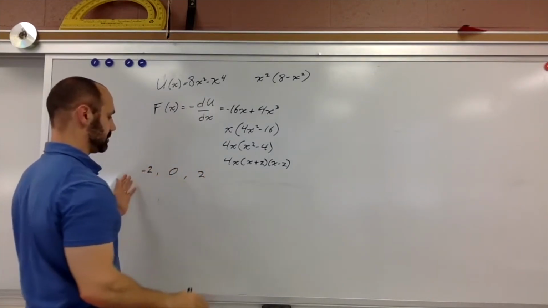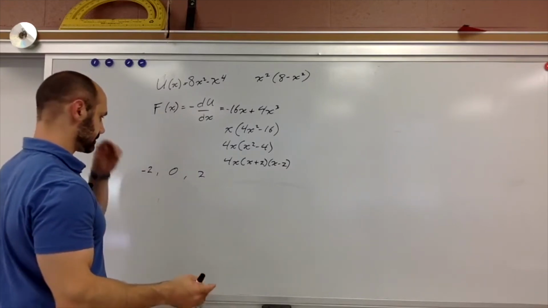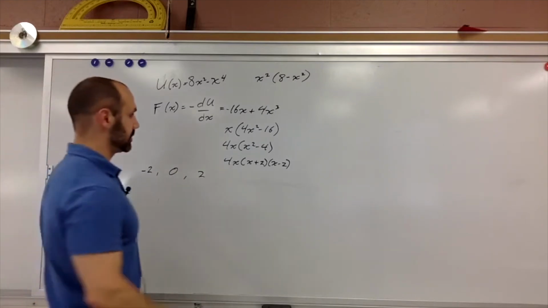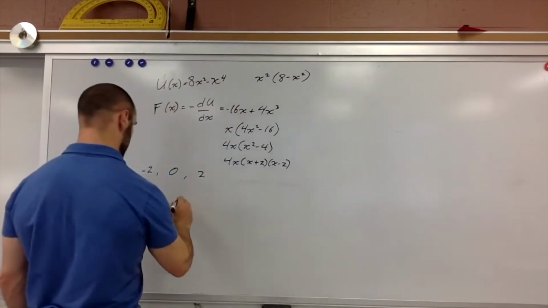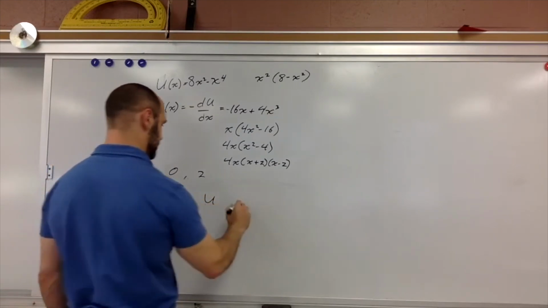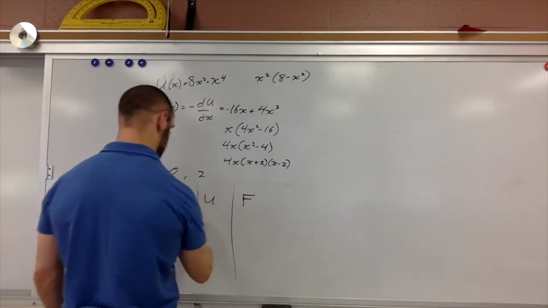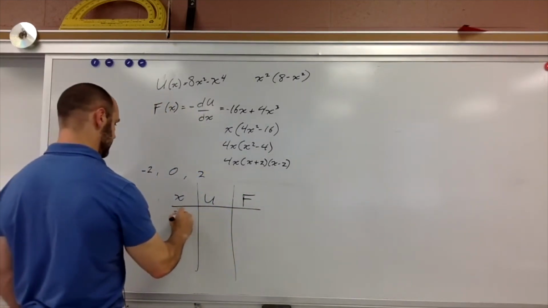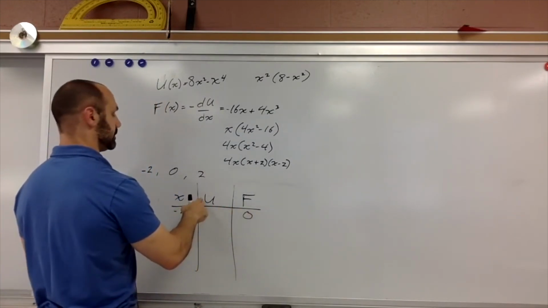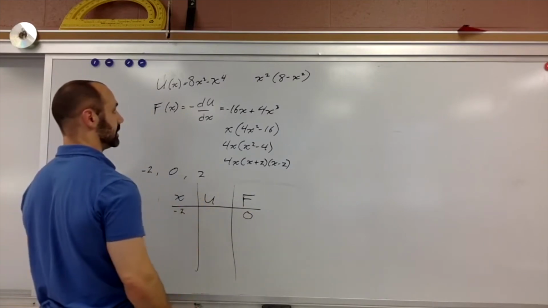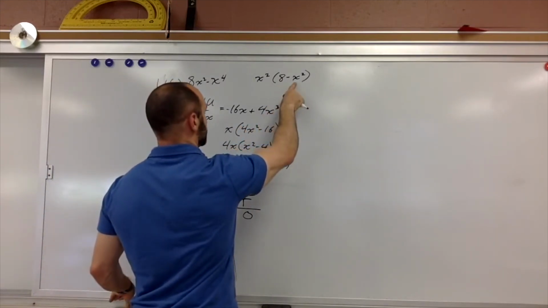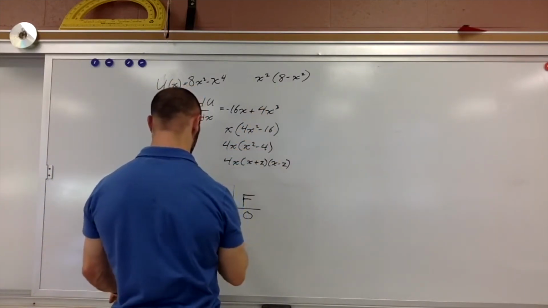Now I need to figure out, are these stable or unstable equilibrium? Well, let's graph this, and let's make a little table. Here's position, one column for potential energy, and a column for force. We're just going to plug in our values. If I have negative 2 as x, I know the force is 0, but what's the potential energy? 8 times 4 minus 16 is 16.